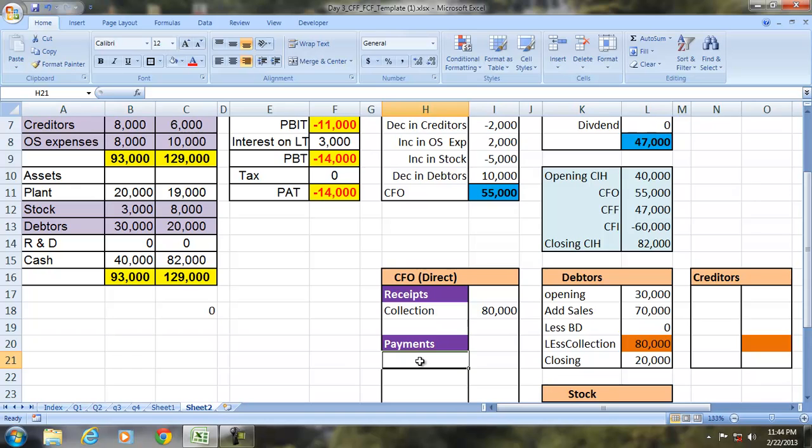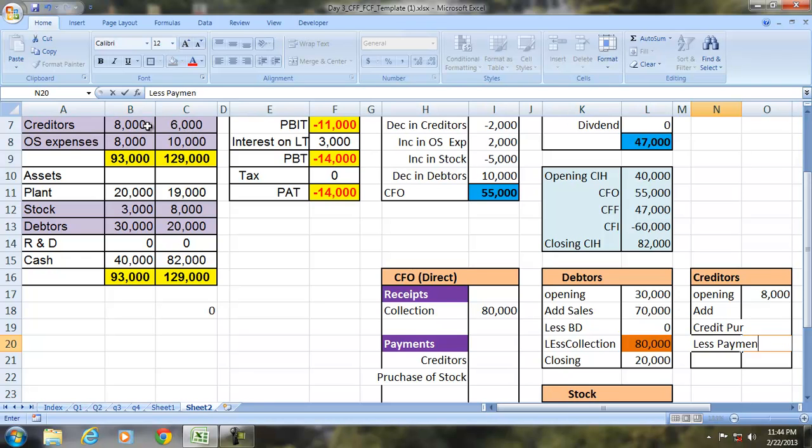The payments made during the period is payment toward the creditors, payments for the purchase of stock. So let us find the creditors. So opening creditors is 8,000, add the credit purchases and less payments will give us the closing.